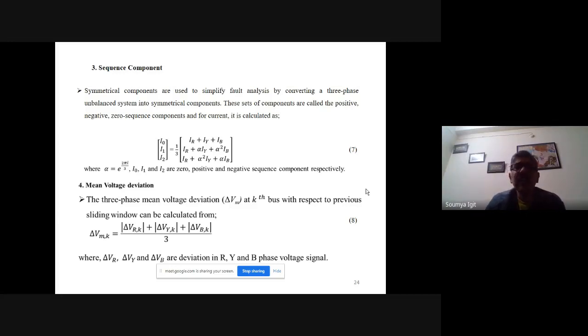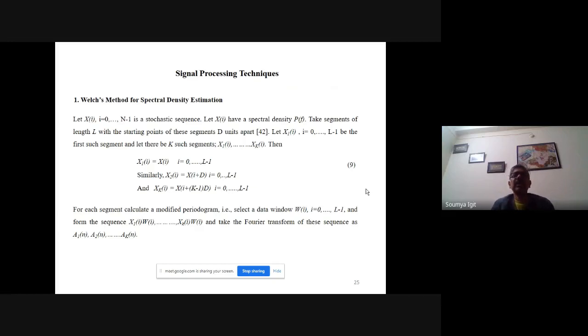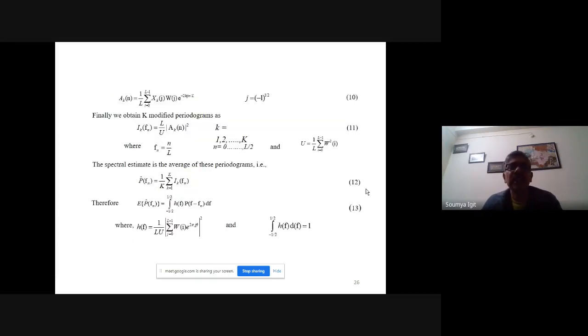Here, what you are talking about is inherently a stochastic sequence. Why is it a stochastic sequence? Because you have a lot of intermittent sources being incorporated, and the inherent stochasticity obviously prevails in the system. You take this sequence with the spectral density, get the Fourier transform, and develop periodograms to evaluate the spectral density.